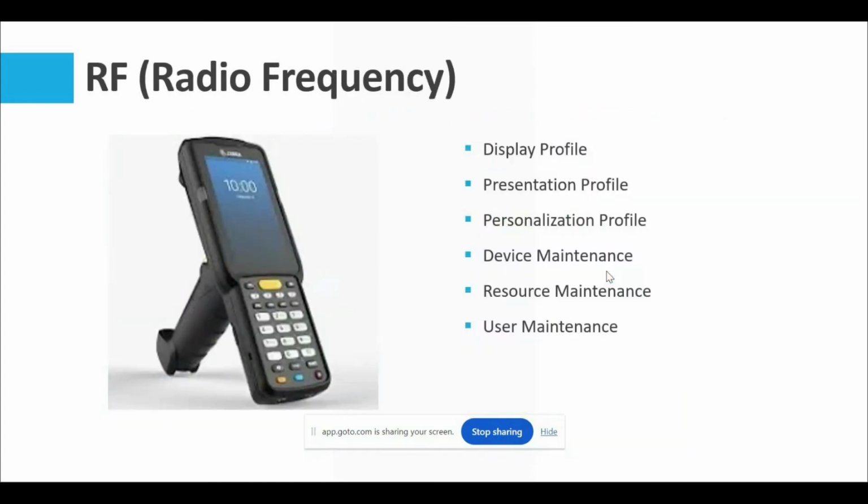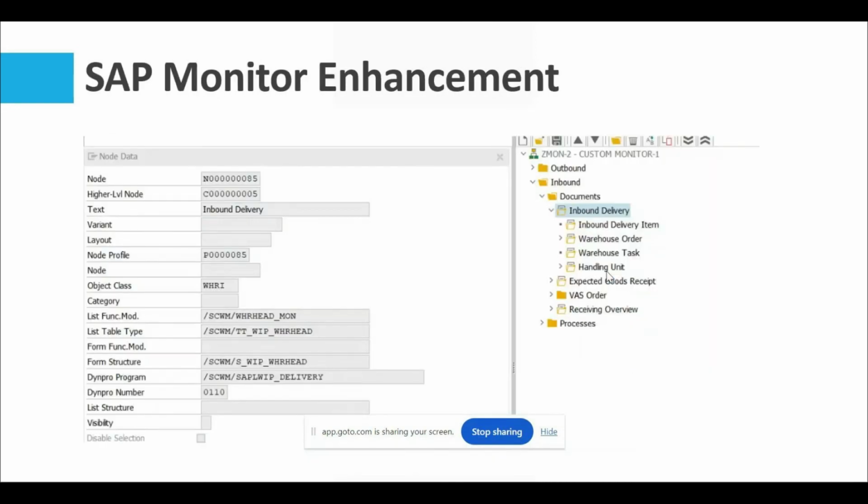Okay, so I think I had that point for PPF. The third most important part from my point of view in SAP EWM related to the technical area is monitor enhancement.